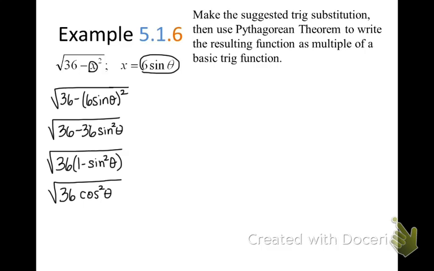Okay, now why is it not good for me to leave it at this? Let's see if you guys can find it. Well, I didn't actually physically take the square root of two sides, right? I was given a positive square root, and that's it. So I have to keep the positive square root.